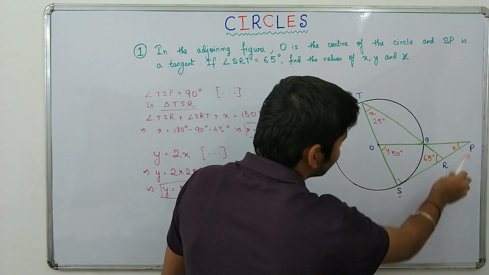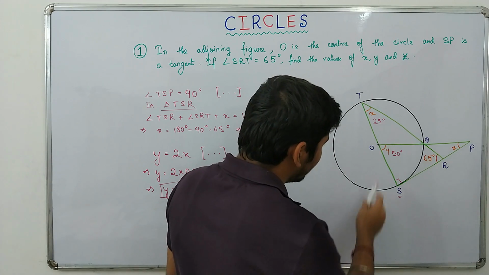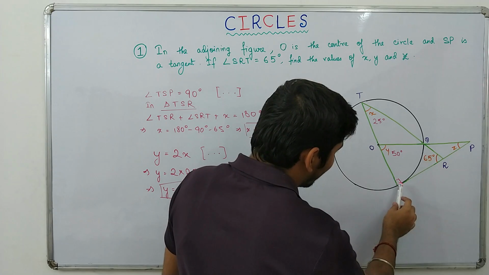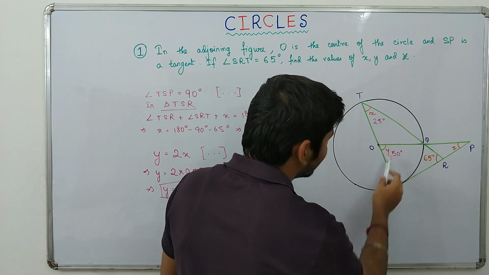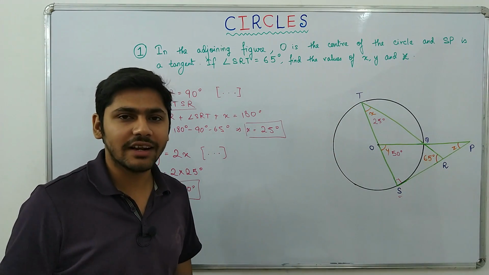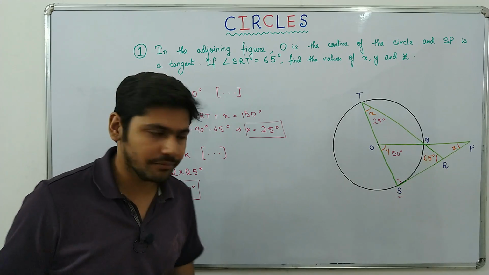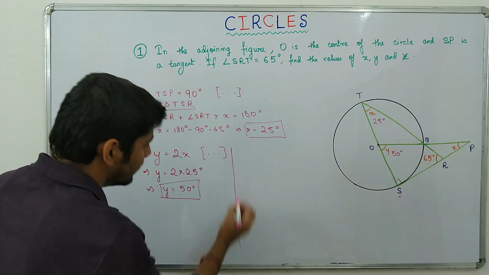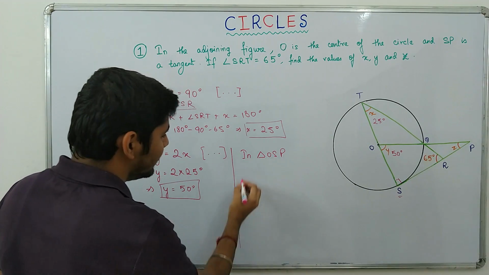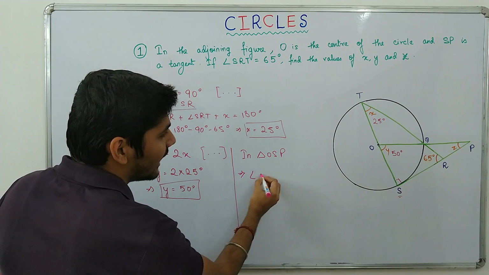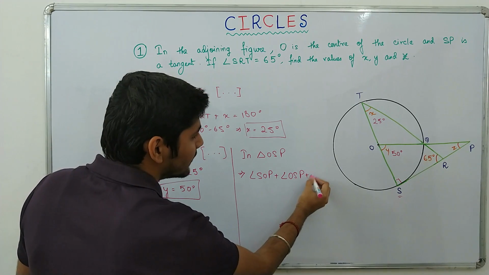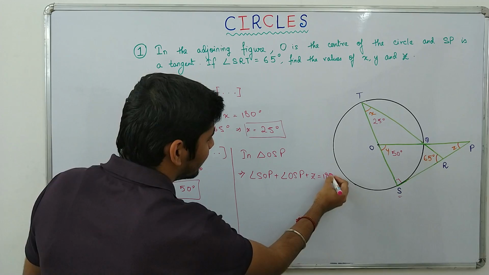Finally we have to calculate Z. Now check out triangle OSP. In triangle OSP, we know one angle 90 degree and another angle 50 degree. So we can easily calculate Z, as we know the sum of all three angles of a triangle is 180 degree. So I'll do that. In triangle OSP, we have angle SOP plus angle OSP plus Z is equal to 180 degree.